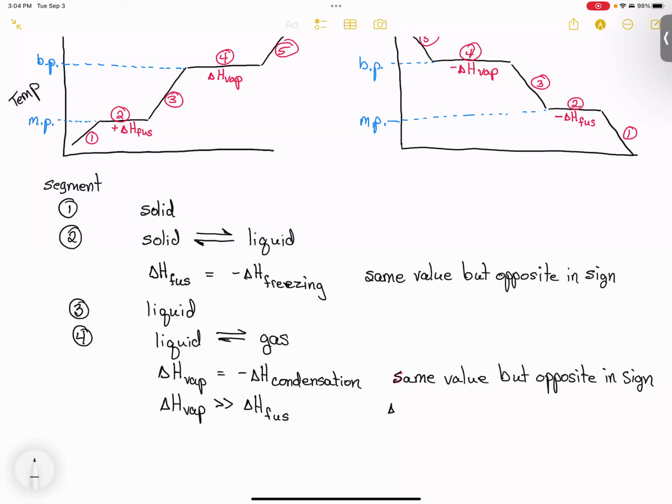So delta H of vaporization is significantly larger than the delta H of fusion because you have to break all intermolecular forces.